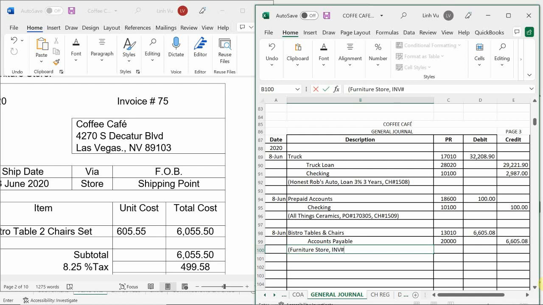This was invoiced to us, number 75. And we have 15 days to pay.